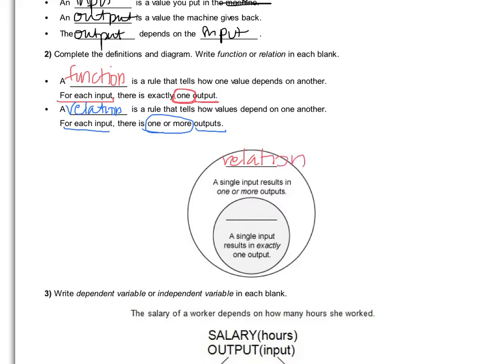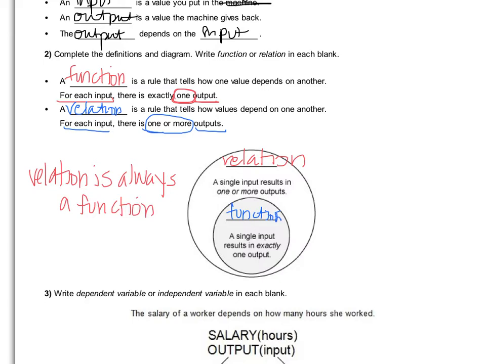But some of those that are relations are also considered functions. And that's why you have the function circle inside of the relation circle. Because if something is a function, that means it's also a relation. But not every relation is a function. So in other words, a relation is always a function. I'm sorry, I wrote that wrong.